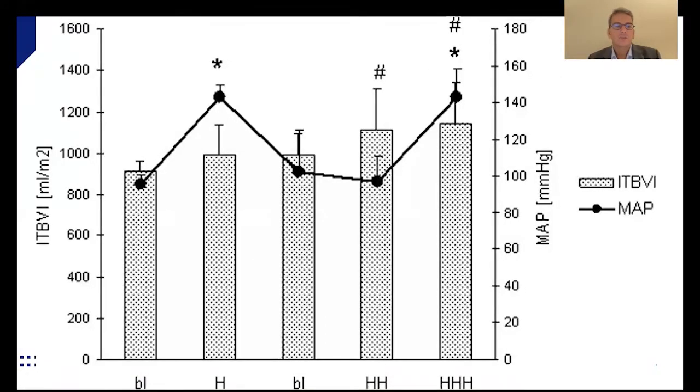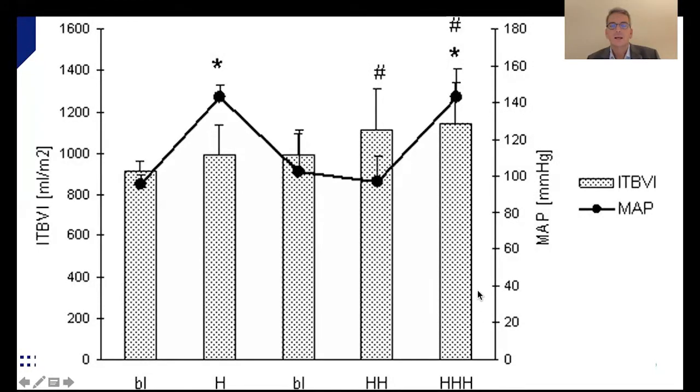When you look at the intrathoracic blood volume, which is a measure of the volume of blood within the thorax, or actually a measure of preload, you saw that with hypertension it went up, and with volume loading, not so much, probably because of the venous capacitance. The venous blood vessels, the veins, can dilate, and when you give volume, nothing happens to the blood volume because it goes away in the venous capacitance beds.